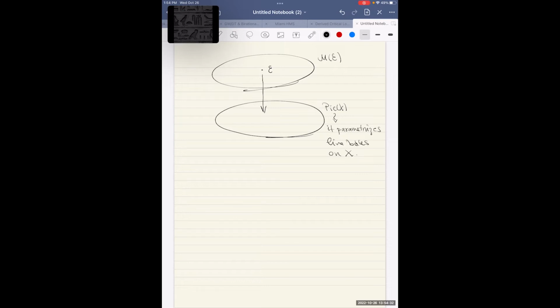The claim is there is a map from the moduli space of coherent sheaves on X, E in coherent sheaves on X, to this Picard variety. And what is that map? It's the map that takes E to the determinant of that sheaf. The determinant of a sheaf is a line bundle. As soon as you give me a coherent sheaf, I find a locally free resolution of it. I take an alternating tensor product of the exterior algebras of all the terms in that resolution. I get a line bundle. So that's my line bundle L.